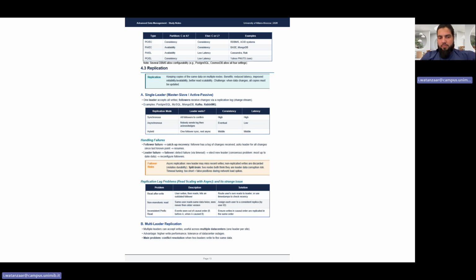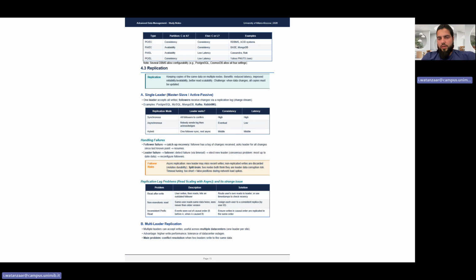One user writes some piece of data and immediately asks to read it, but that write is not yet available on the follower serving the request. This is the description of the problem.